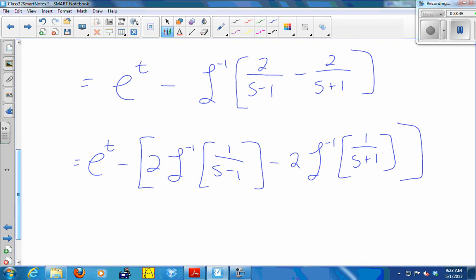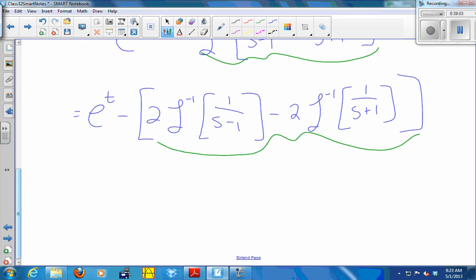So when I replaced this term with these two terms, I had to put parentheses around it, so I'll remember to distribute this negative. Otherwise, it will come out wrong.